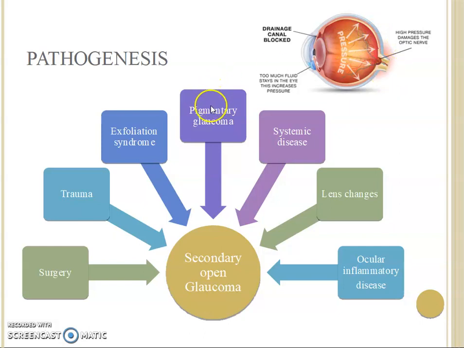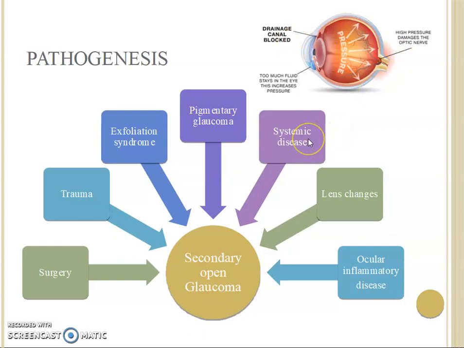Now next, pigmentary glaucoma. In this condition, there is heavy homogeneous pigmentation in the trabecular meshwork area. Again it can block the drainage channel, and due to that optic nerve damage results.